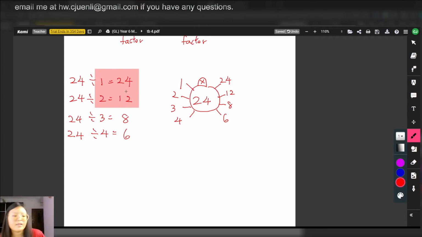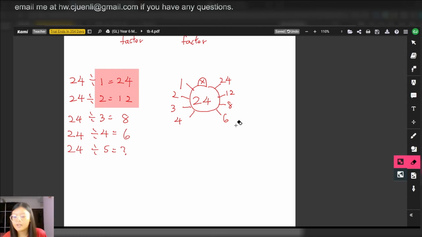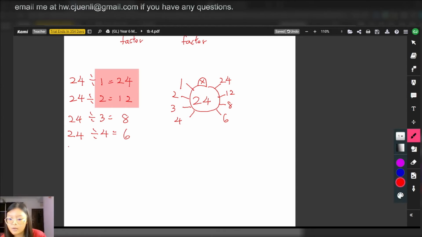Okay, let us continue. 24 divided by 5. Can you do that to get a whole number? Definitely no, right? Because it won't be an even number. There would be decimals. So we don't want that. Let us continue on with 24 divided by 6.